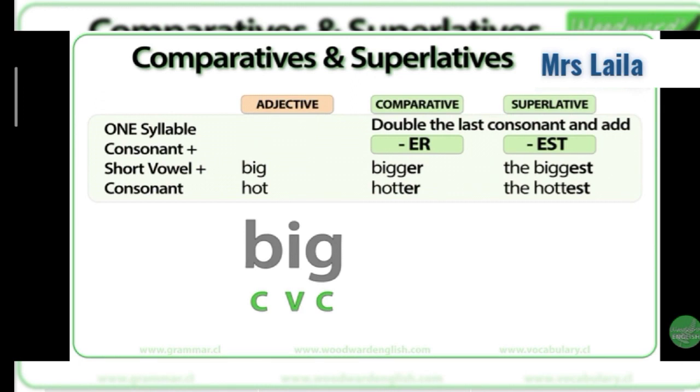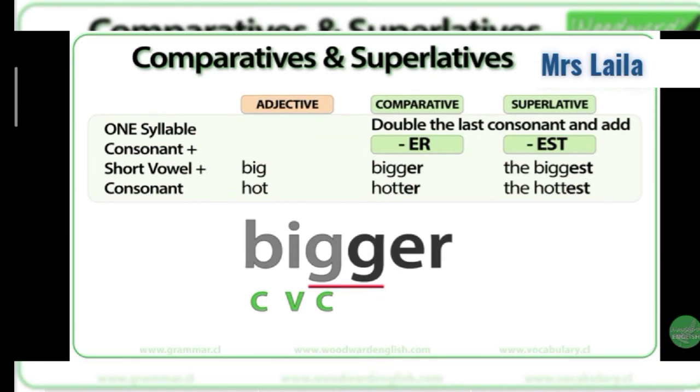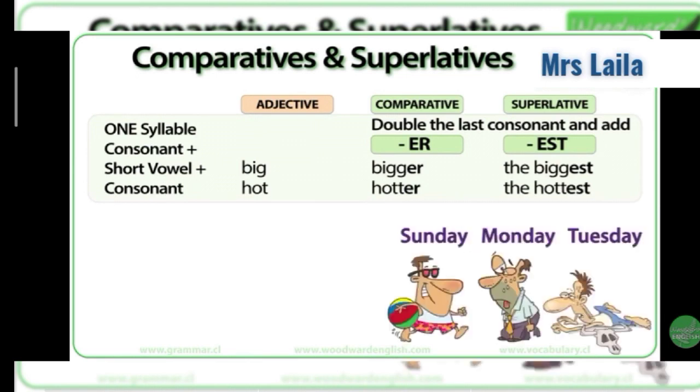For example, big is an adjective, ends with G consonant, short vowel I, and consonant B. So we double the last letter, the last consonant, to become bigger. So big becomes bigger with two G's. The superlative will be biggest with two G's.